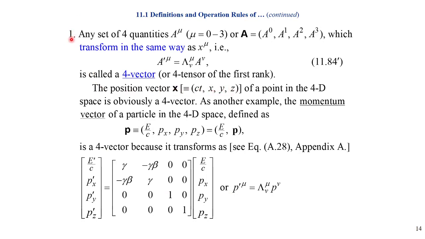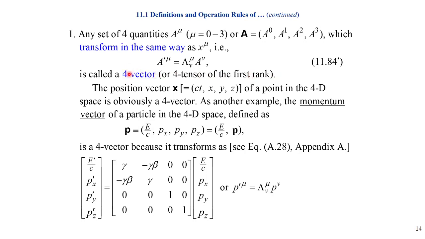So first, any set of four quantities, 0, 1, 2, 3, which transform in the same way as x mu, just like the position four-vector, transforming exactly the same way as the Lorentz transformation, we call a four-vector. A four-vector is a four-tensor of the first rank.